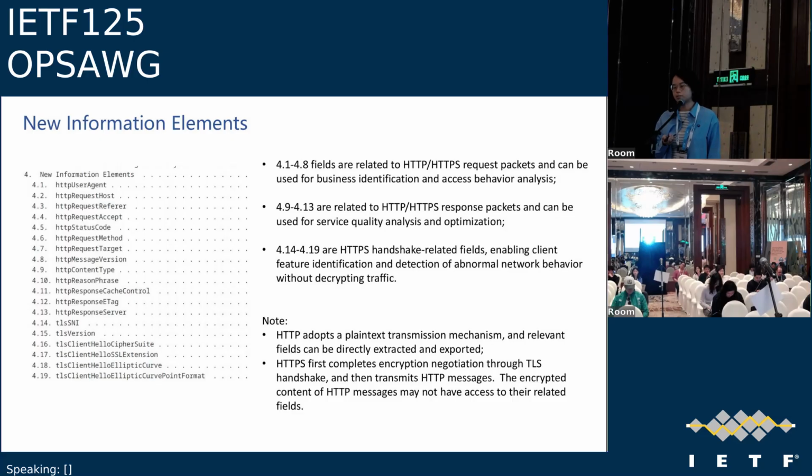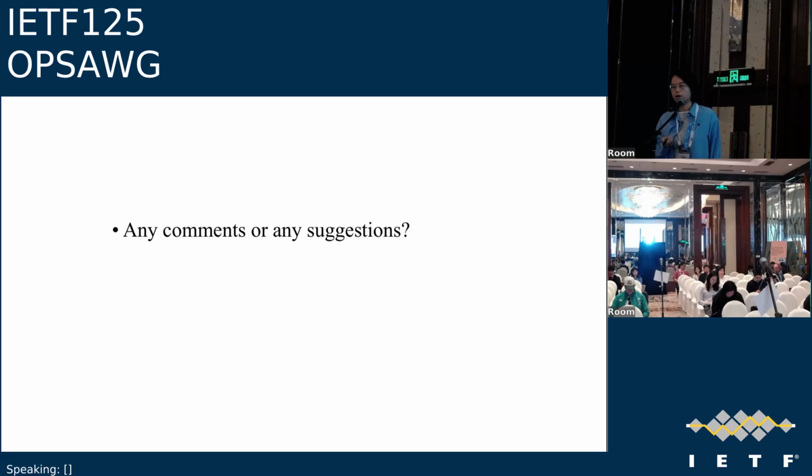And the next are HTTPS handshake related fields, enabling client feature identification and detection of abnormal network behavior without decrypting traffic. So that's all, and we welcome any comments and suggestions.